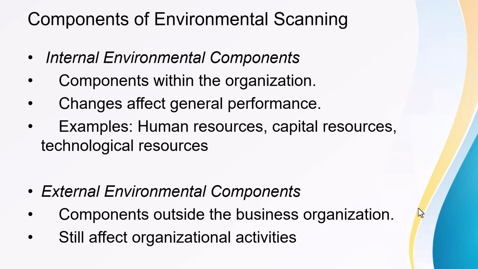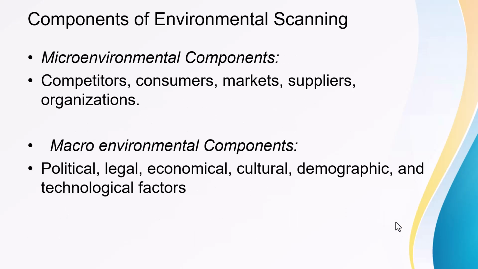For example, a sudden change in government policy, which is a macro environment factor, or the entry of a new competitor, which is a micro environment factor, can force strategic changes.